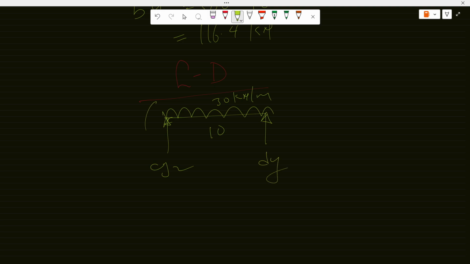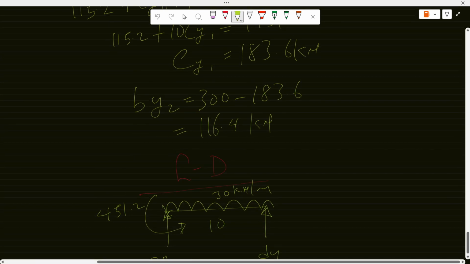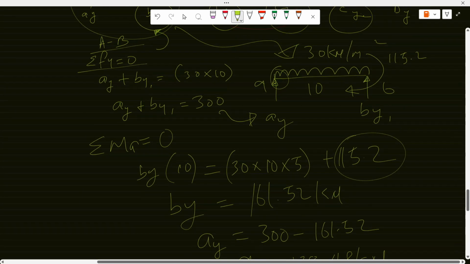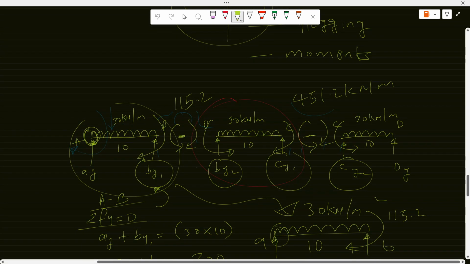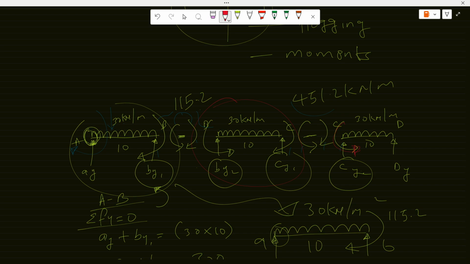And here was 451.2. Remember, this is the 451.2 that was here. And nothing was here. We didn't calculate a moment for C. You know that your moment for D is 0 already, which I explained. Moment for D and moment for A, 0.